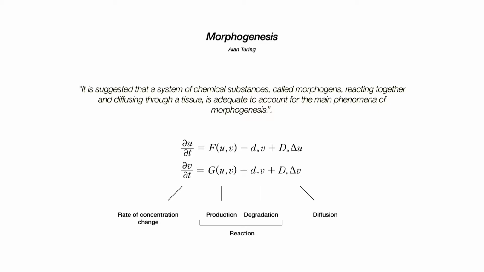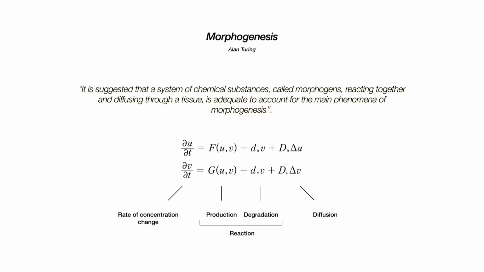He said, it is suggested that a system of chemical substances called morphogens, reacting together and diffusing through a tissue, is adequate to account for the main phenomena of morphogenesis. So as you can see on the image, his model of morphogenesis is described by a set of differential equations.